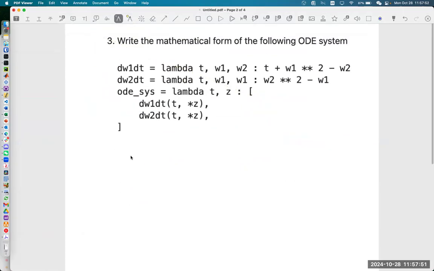The system here is w1 prime is equal to the lambda function of t plus w1 raised to the power of 2 minus w2, and the second one gives w2 prime is equal to w2 raised to the power of 2 minus w1. That's the mathematical form.